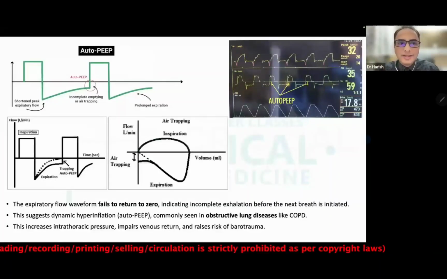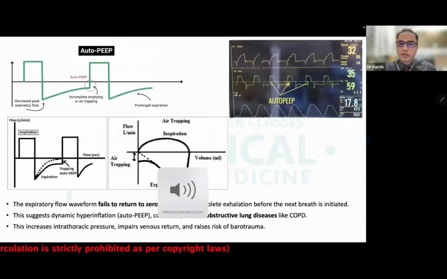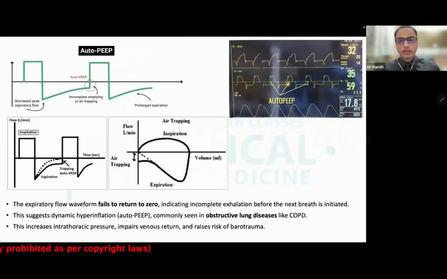It also causes problems with unstable hemodynamics, and that is the sequelae of auto PEEP. When there is auto PEEP and you plan to put him on spontaneous breathing, he is not able to trigger the ventilator, that leads to asynchrony with increase in work of breathing. So these are the adverse effects of auto PEEP.